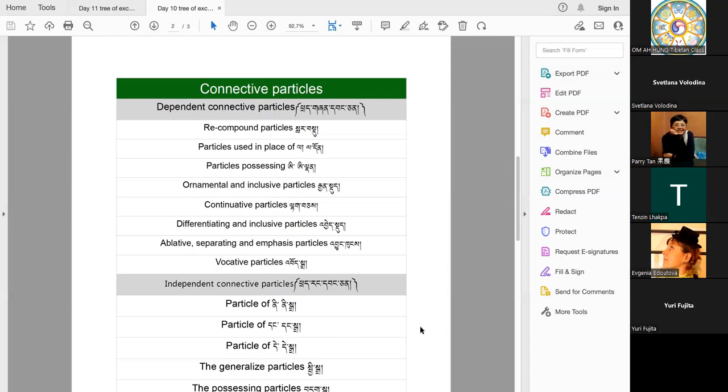Just by the name chungkung, it just means ablative. It doesn't mean separating or emphasis, but we must understand that separating and emphasis particle as a name is inferential to this, rather than apparent. Vocative particles. These are the 8 dependent particles, depending on the suffix letter.